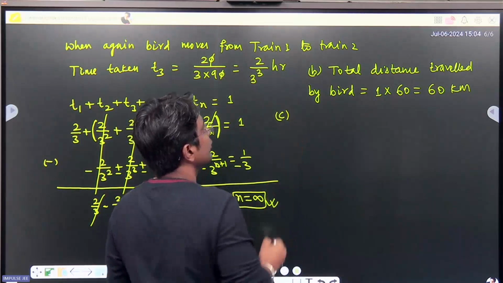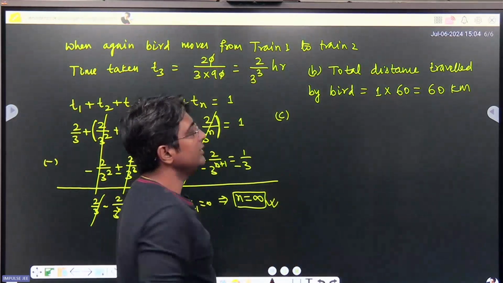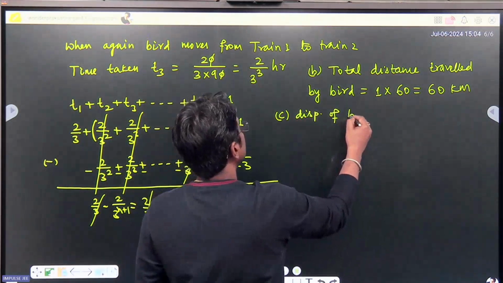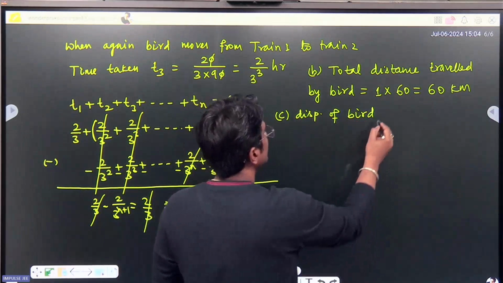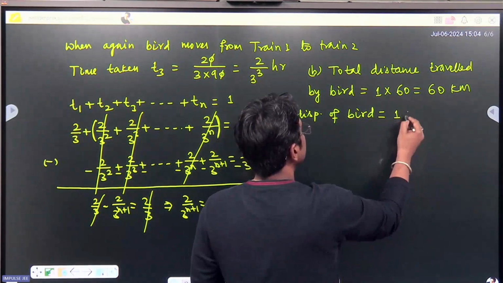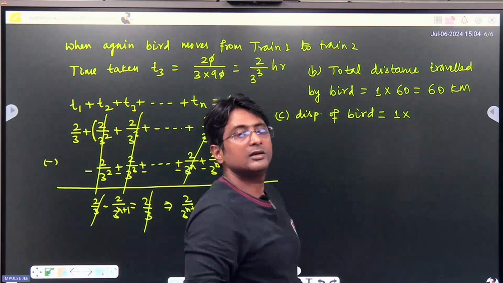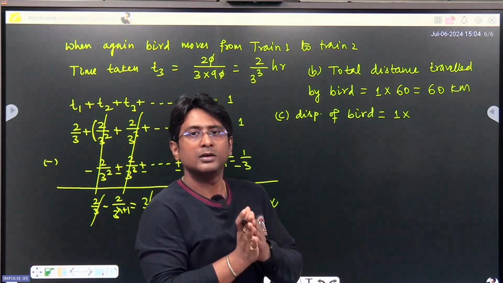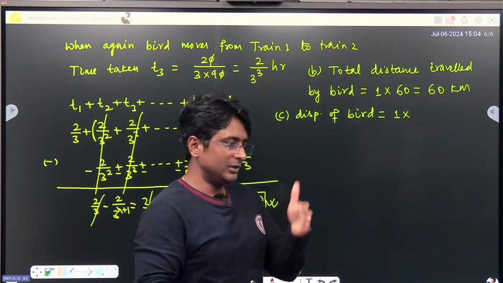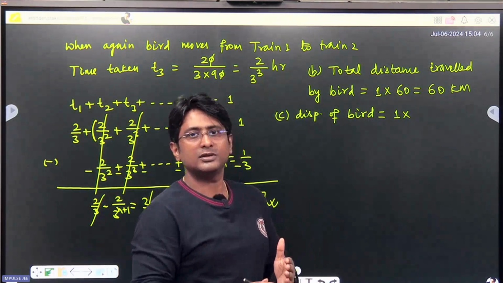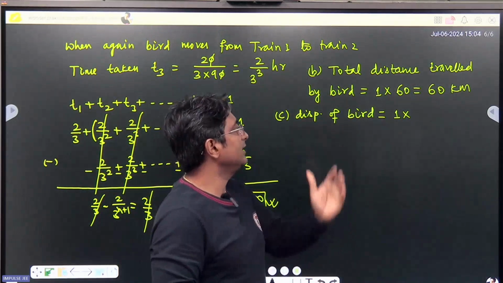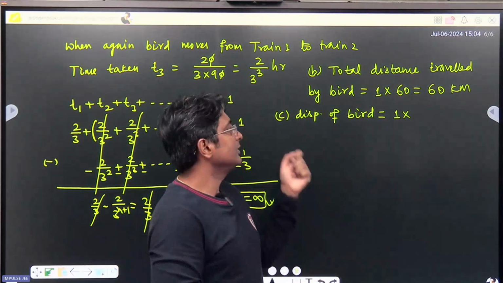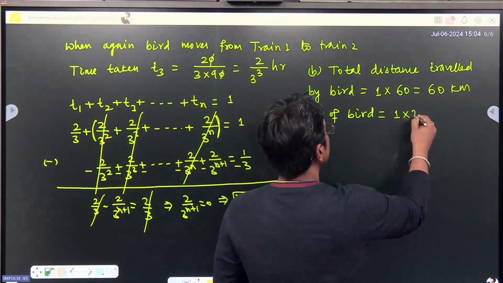If anyone is asking what is its displacement, which is not given in this question, then we can say displacement of the bird is the crashing time times the speed of the train, because when the trains are going to collide, at that instant the bird will be at that exact position. So the displacement of the bird would be the crashing time times the train speed, that is nothing but 30 kilometer per hour.